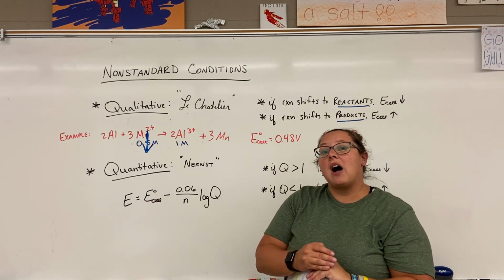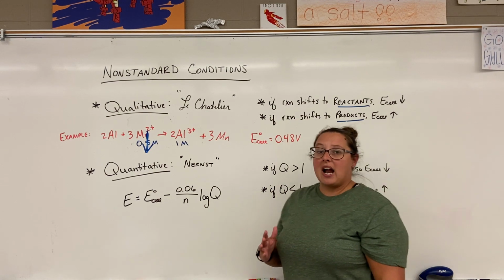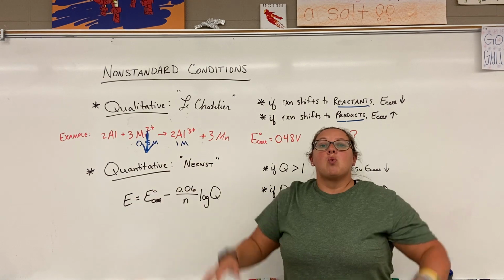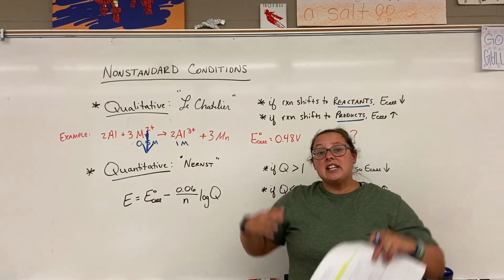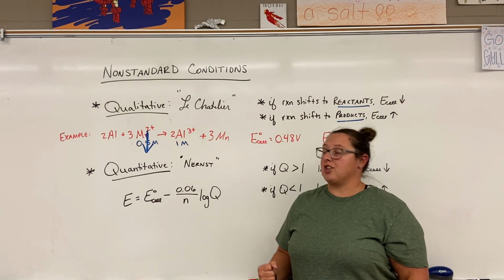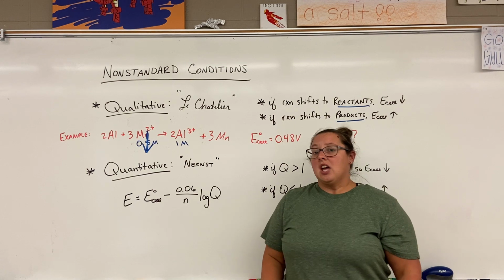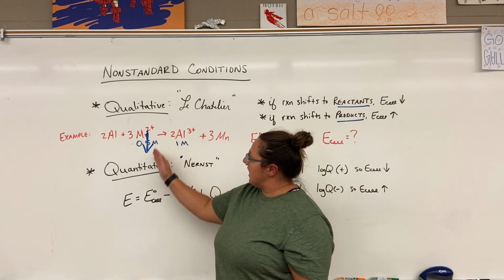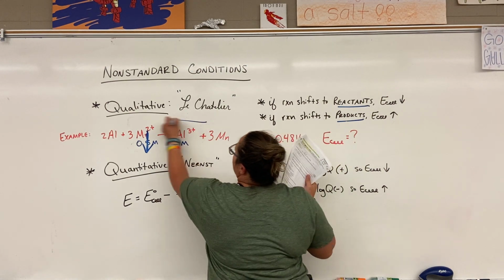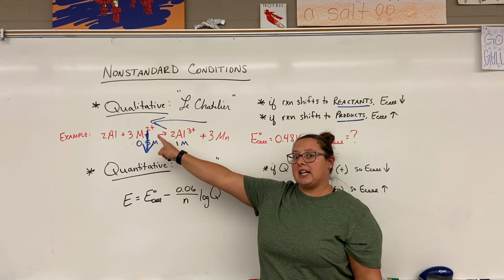Now, what will happen as a result? What shift will happen? Remember how I said if I increase, I always shift away. So what will happen if I decrease? The opposite is true. If I decrease a concentration, I will shift towards that decrease. So since I am decreasing on the reactant side, I am going to cause a shift towards my reactant side.